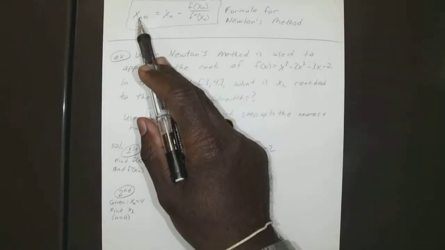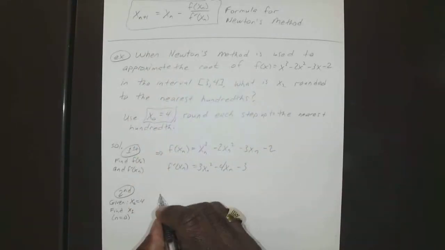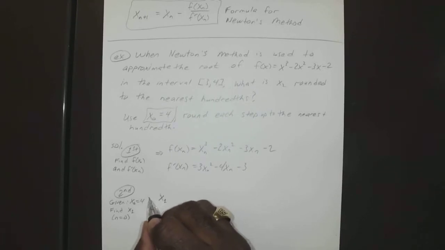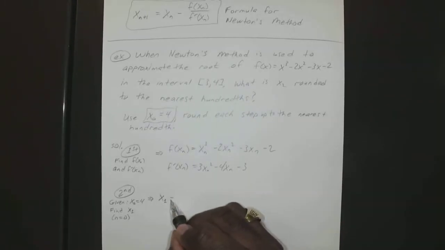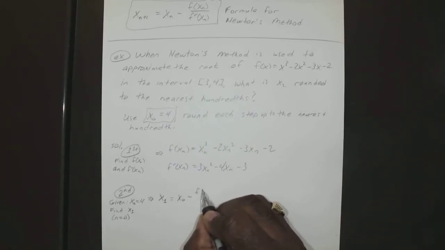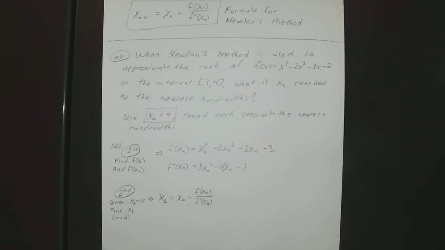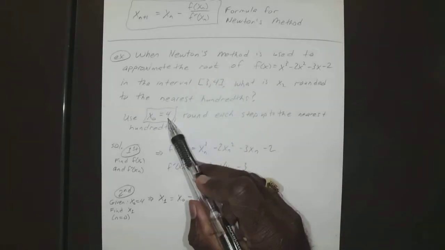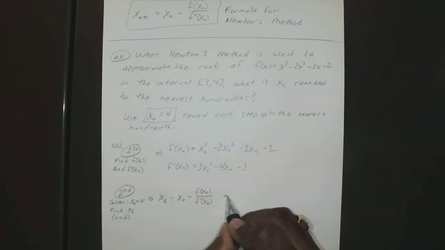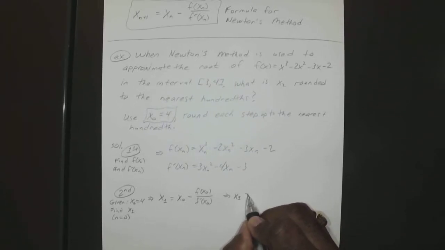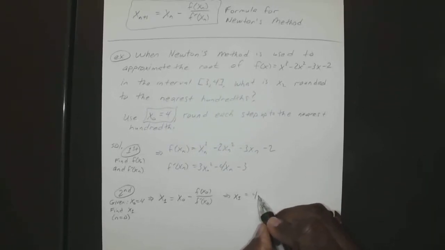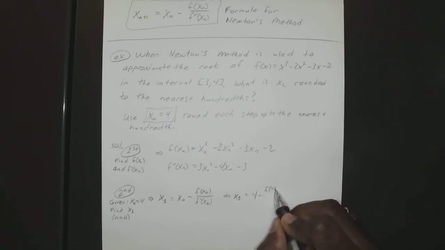So x1 equals x0 minus f of x0 over f prime of x0. Remember our x0 is 4. So that means our x1 is going to equal 4 minus f of 4 over f prime of 4.